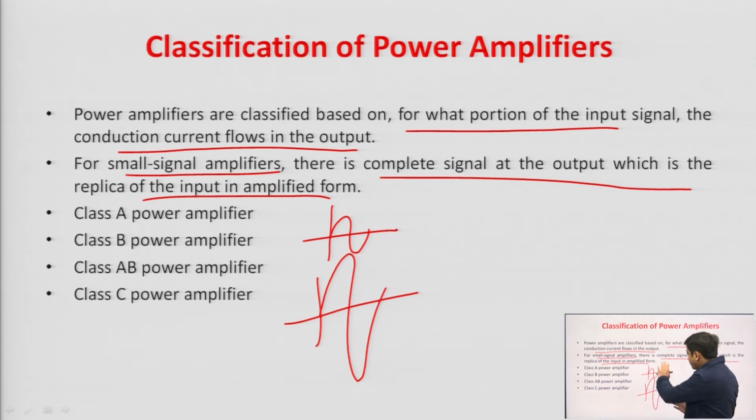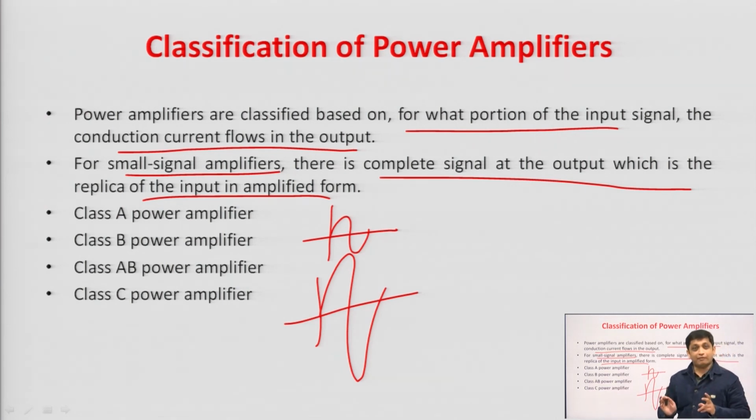The shape of the signal should be the same. If the shape is changing after amplification, it means that there is distortion. That is why we need linear amplifiers, but this is the story of the small signal amplifiers.